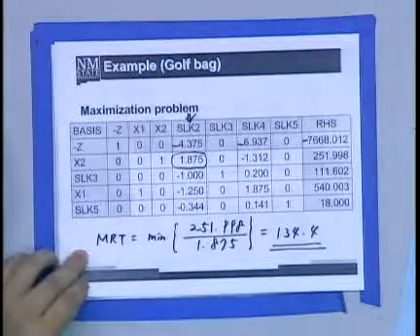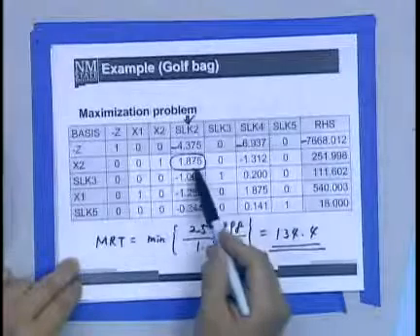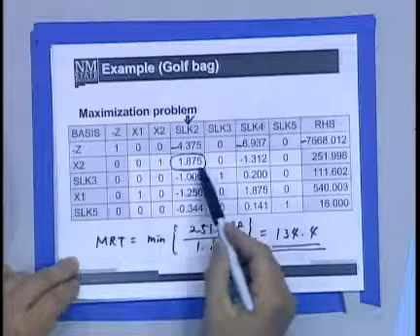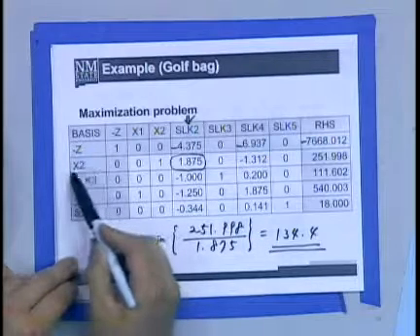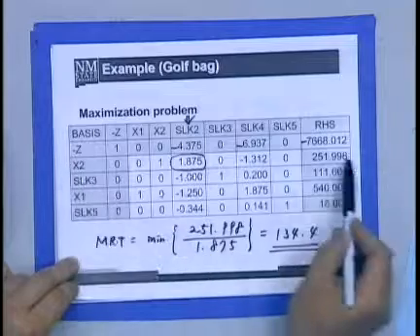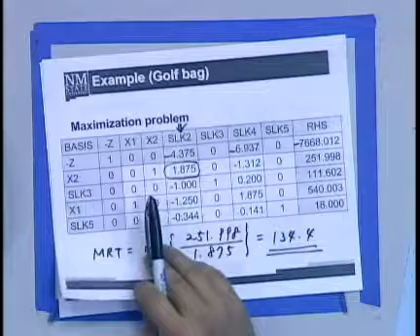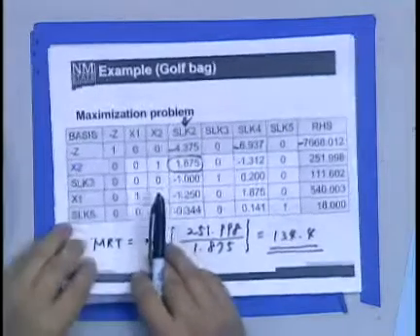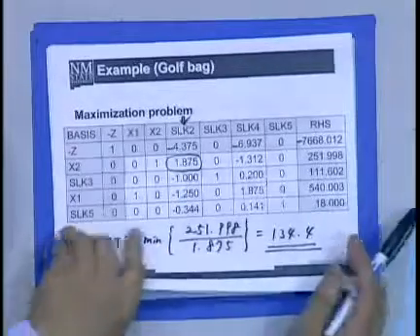So according to the minimum ratio test, because there is only one positive substitution rate in the row in which x2 is basic, this row must be the pivot row, right? So the x2 variable should leave the basis. Okay?